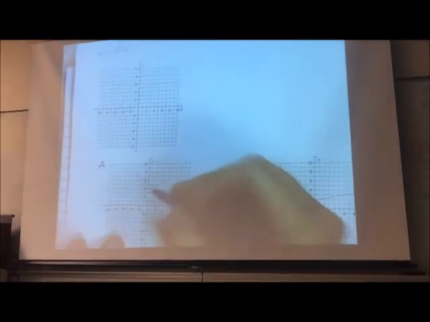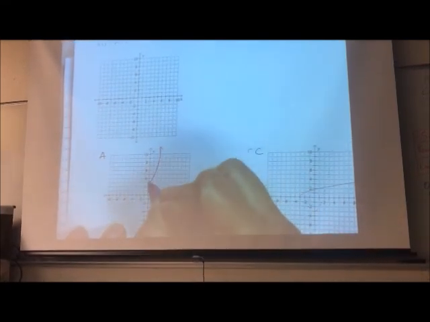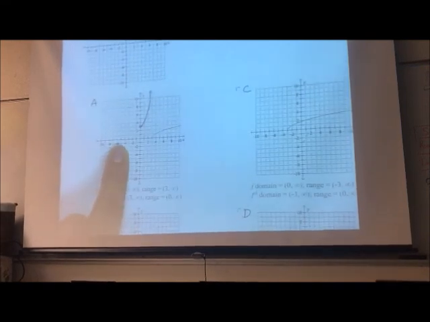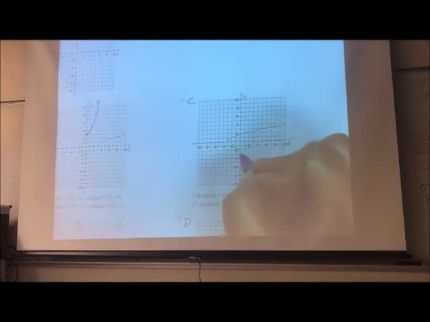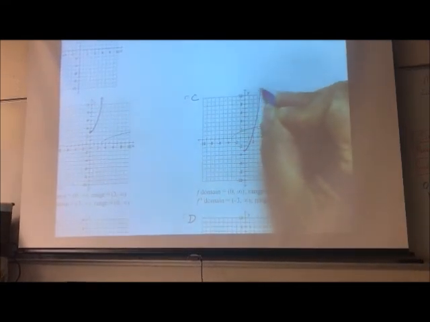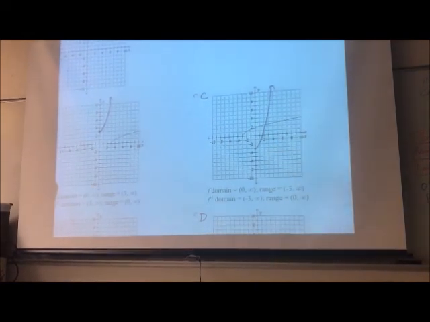You can't see the graph, but the graph is coming from here and it's going up. It starts off at 0, 3 and it goes up for A. For C, it starts off at a negative 3 and it goes up right there.